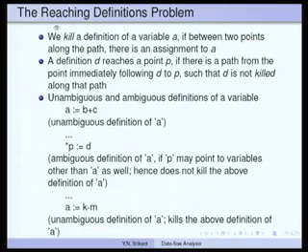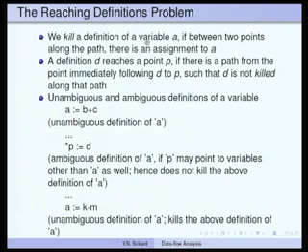The first problem is the reaching definitions problem. Before we define what exactly we mean by a definition D reaching a point, we need to understand what we mean by killing a definition.